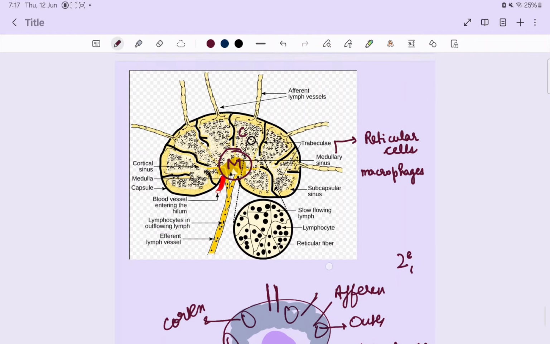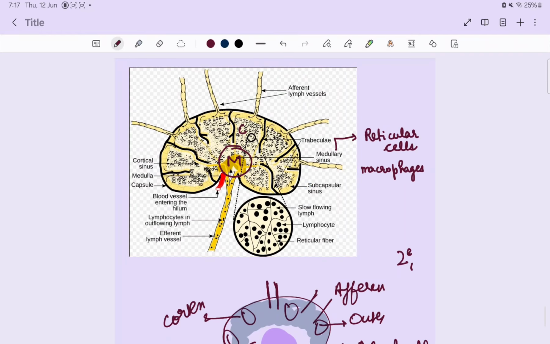Medullary sinuses have reticular cells and macrophages. Reticular cells produce type 3 collagen, and because of that type 3 collagen, the lymph node framework is made.